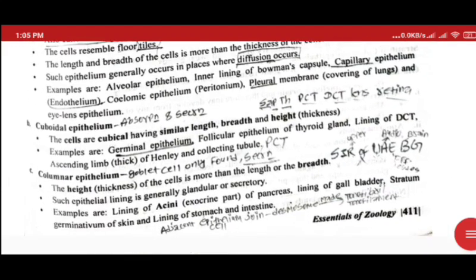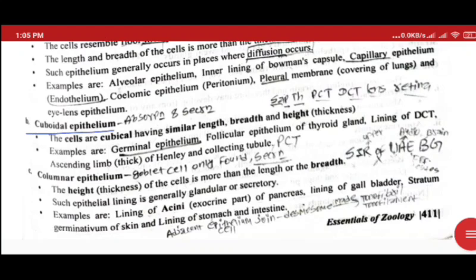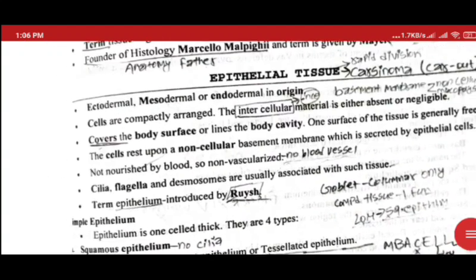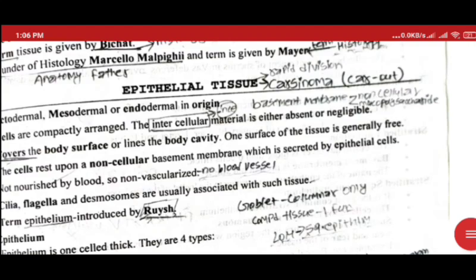Now let's get back to squamous and cuboidal epithelium. In cuboidal epithelium the function is absorption and secretion. We have also missed one function: diffusion occurs here. We have also missed one example of epithelial tissue.